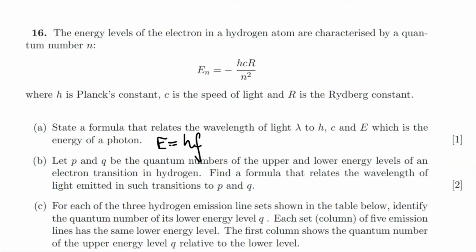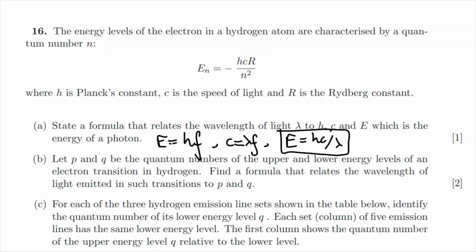We also know that v equals lambda f, where in our case v, the speed, is the speed of light c, so we can change this for c. If we combine these two together, you should be able to see that E equals hc over lambda.